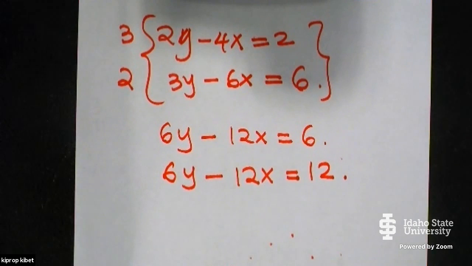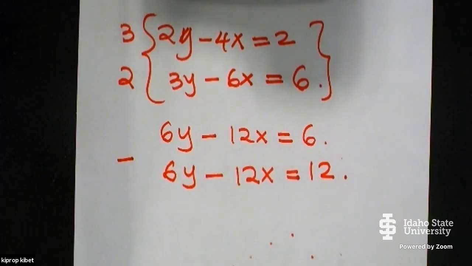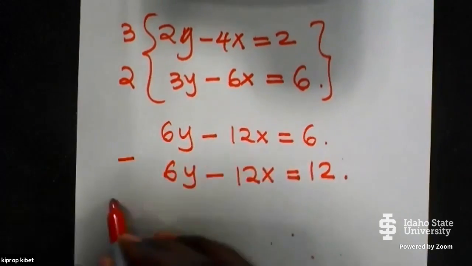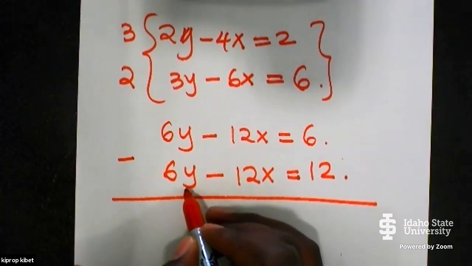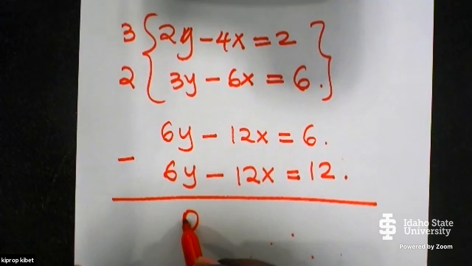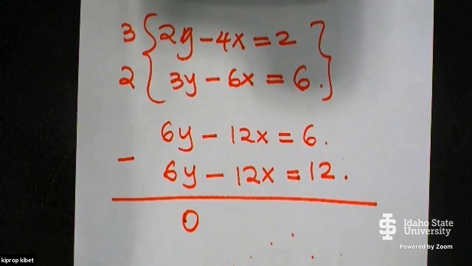If we subtract, what do you get? We want to eliminate y. So when we subtract, 6y minus 6y is what? 0, right? Minus 12x minus minus 12x is 0.